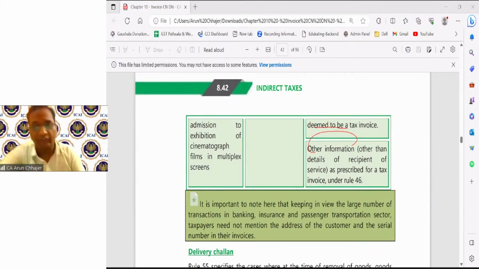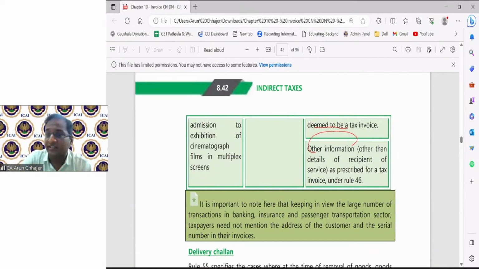You see the Rule 54 and Rule 55. In the four circumstances, they have given certain relaxation and certain documentation also. Instead of tax invoice, they can issue the ticket. Banking company, financial institution, NBFC, GTA transportation services of goods, then passenger transportation service, and fourth is this multiplex screen cinema.